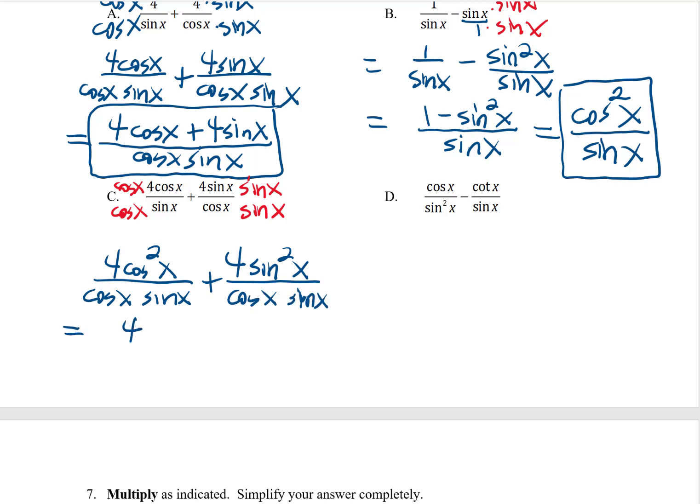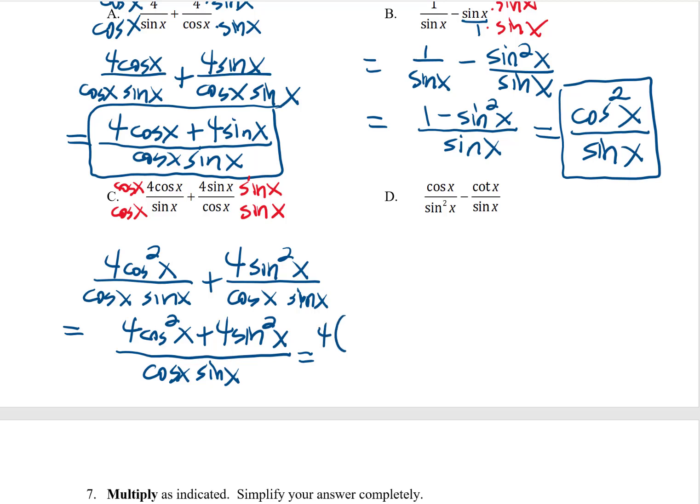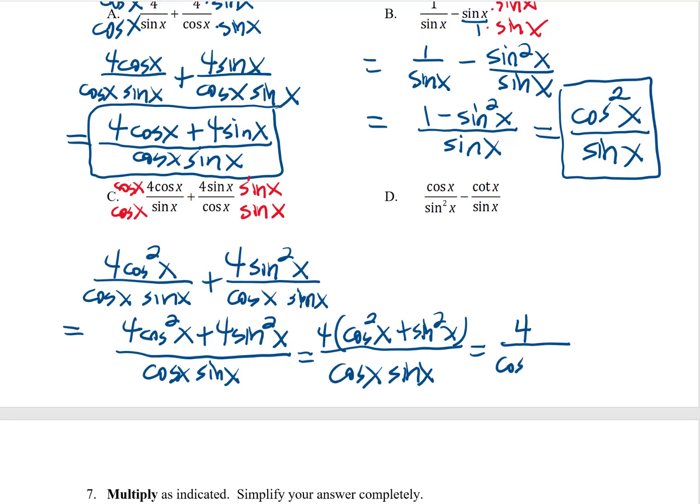I'm going to get 4 cosine squared x plus 4 sine squared x over that common denominator. And then look what happens on this one. If I factor that 4 out of the top, I'm going to end up in there with cosine squared x plus sine squared x. Well, that's just equal to 1, which means the numerator just ends up being 4. 4 over cosine x sine x. I think this is a fine answer.